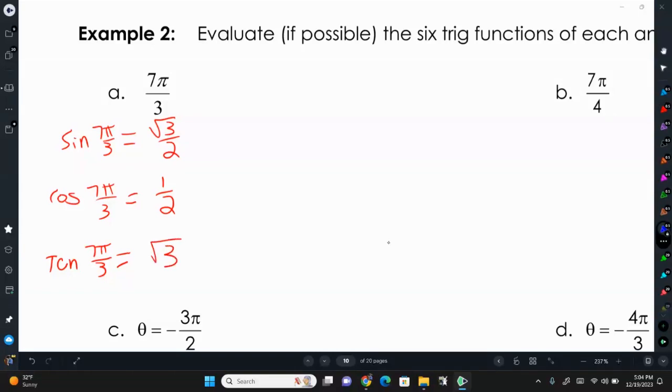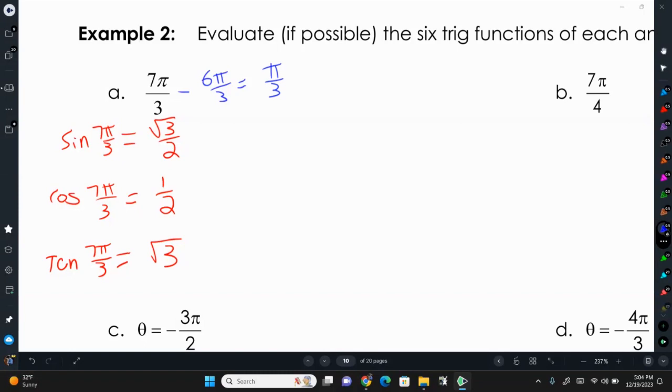Now, to figure out what quadrant 7 pi over 3 is in, that's bigger than a full circle, so if we subtract a full circle, 6 pi over 3, we get 1 pi over 3. So this angle, 7 pi over 3, will have all the same signs, like positive or negative, as pi over 3, which is in the first quadrant where everything is positive.